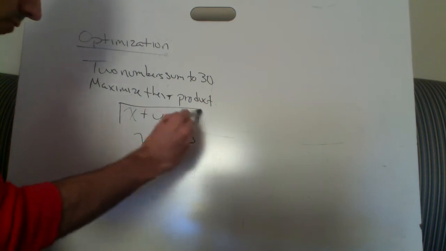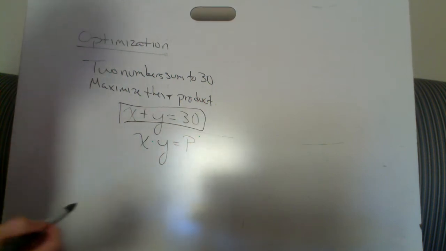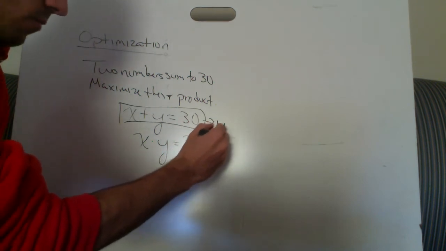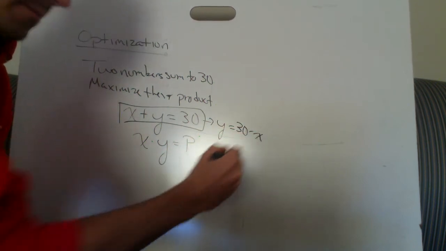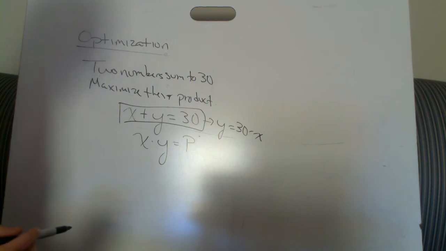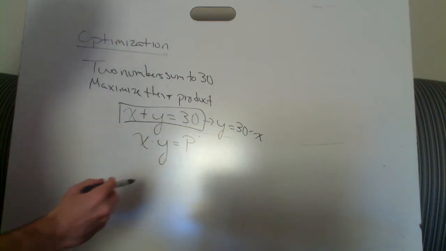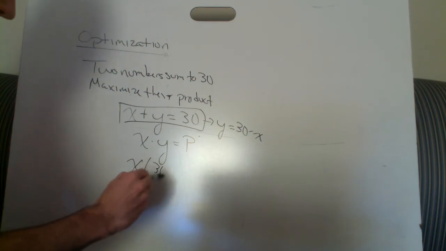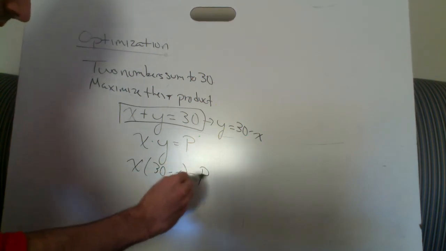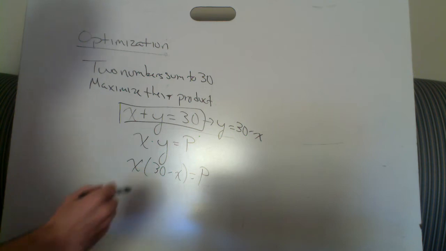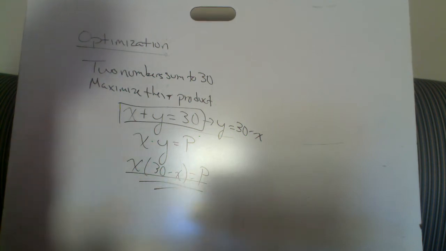If I look at this equation here, I can simply move the x to the other side to solve for y, and this tells me that y is 30 minus x. Okay. Next, I can plug that into my product here, and I'll have x times 30 minus x is equal to p. And this is the function that we want to maximize.